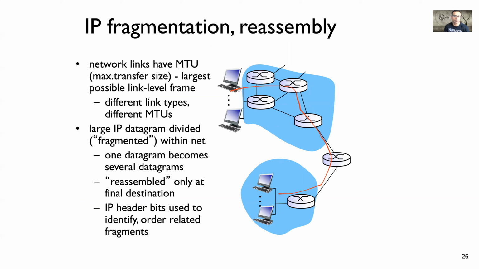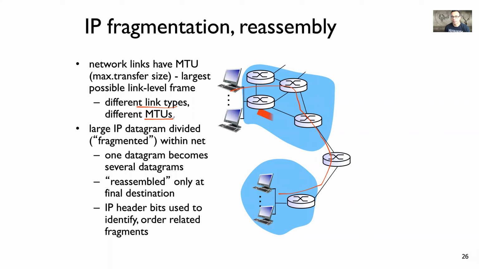Here, for example, you might have Ethernet, this might be what's called a SONET link, maybe here there's Wi-Fi. As the packet makes its way along different hops, it's passed over different link layers, and each of those link layers may have a different maximum transmission unit, the largest size of the packet that it can actually transmit.